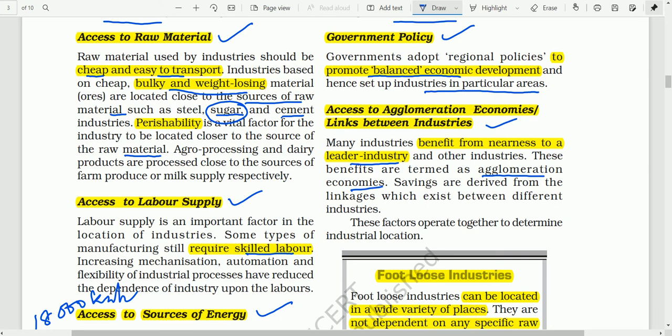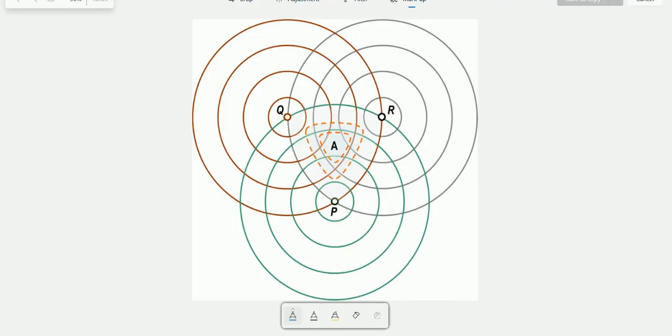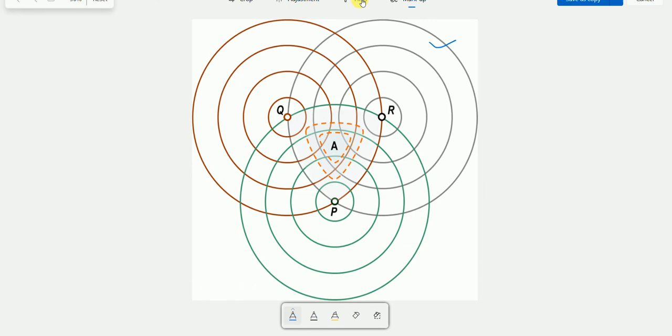Say, for example, here in this case, I think you may be seeing these concentric circles. These concentric circles represent the sphere of influence of these particular industries. For example, here we have one industry, another industry is here, another one is here, and these circles represent the sphere of influence of this industry.